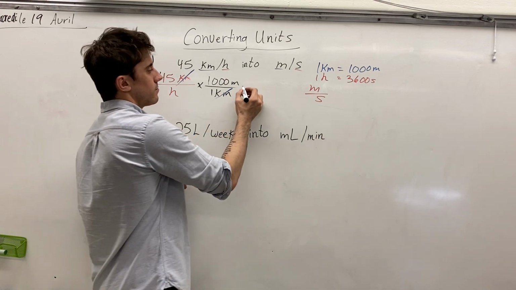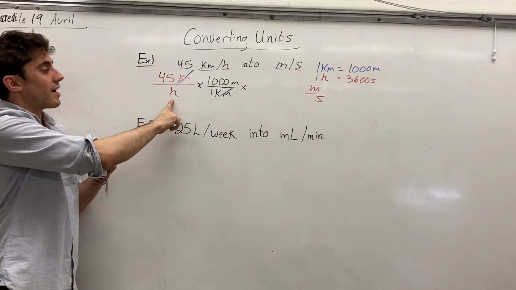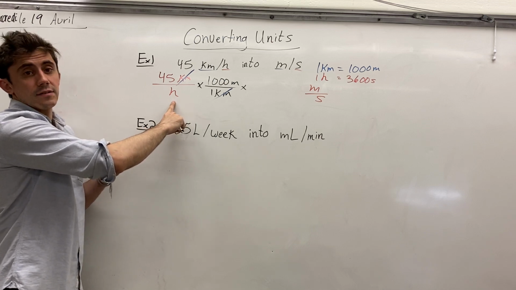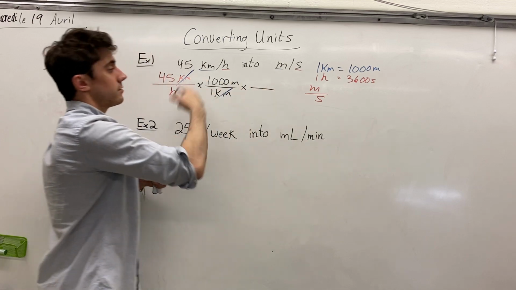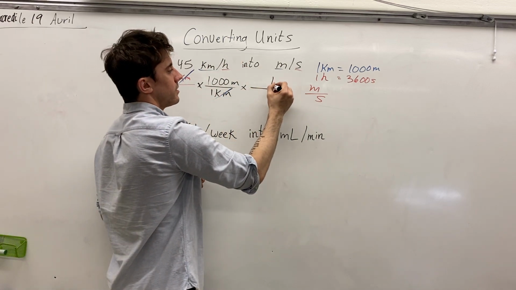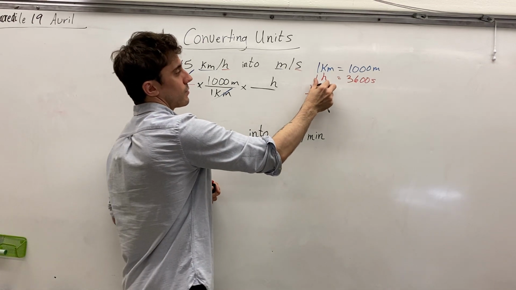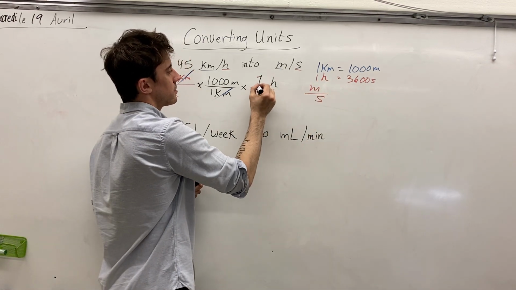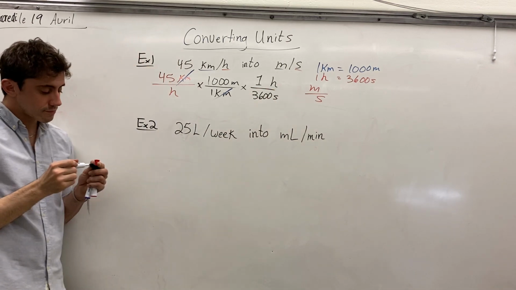The second step is to convert hours into seconds. Now, this time we have hours as the units in the denominator. If we hope to cancel those out, they should appear on top in the numerator in our second fraction here. And so we're going to use the equivalence that 1 hour is 3,600 seconds in here to convert the hours into seconds, okay?